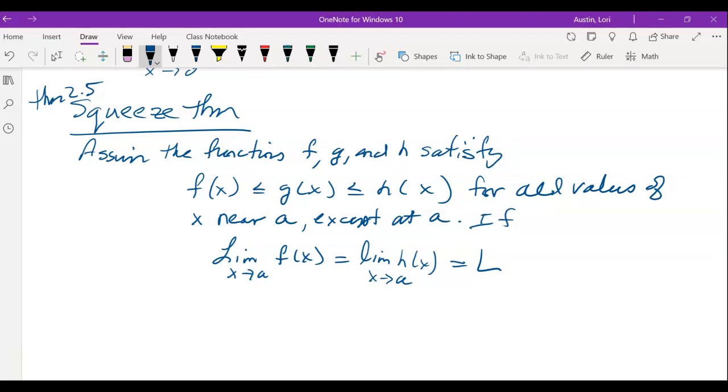So in other words, the f of x and h of x in the example we just did represent those two parabolas, right? So if those two parabolas are approaching the same limit, and we know g of x is in between the two of them, then we can conclude the limit of g of x as x approaches a also equals L. Okay?